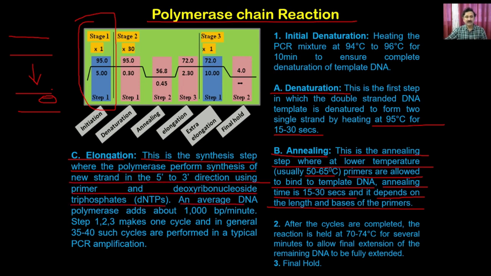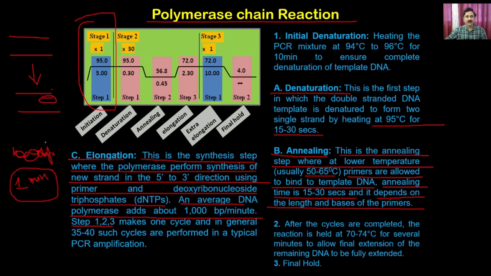An average DNA polymerase adds approximately 1000 base pairs per minute, which means if you have a gene of 1000 base pairs, you have to give an elongation time of 1 minute.